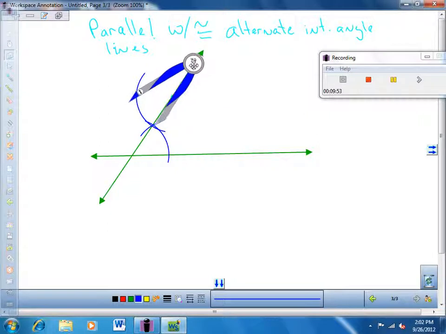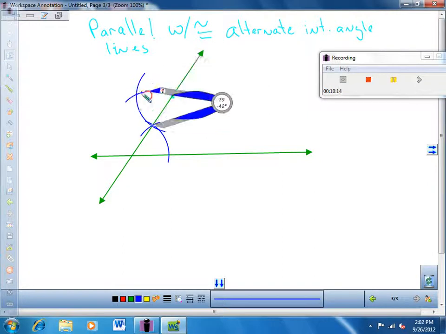I'm going to put my point on this point. Wait, is that the point above or below? On this curve, where this curve intersects this line, okay? And I'm gonna swing my compass back this way, okay?